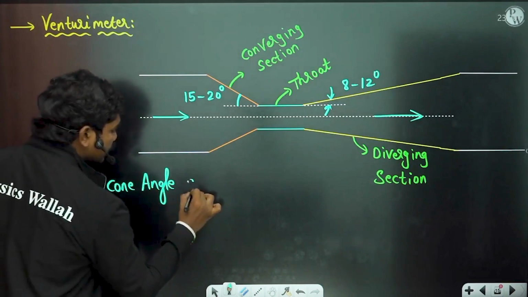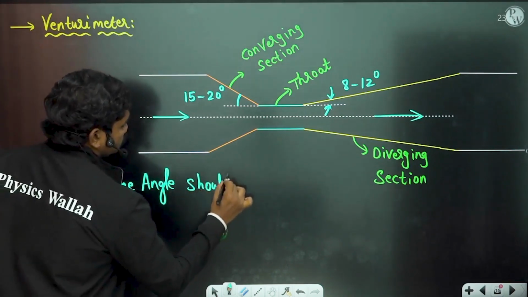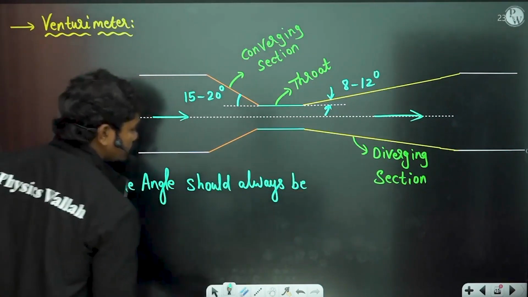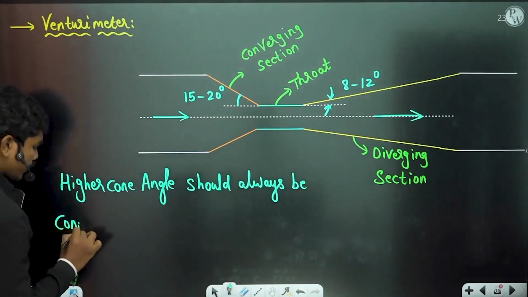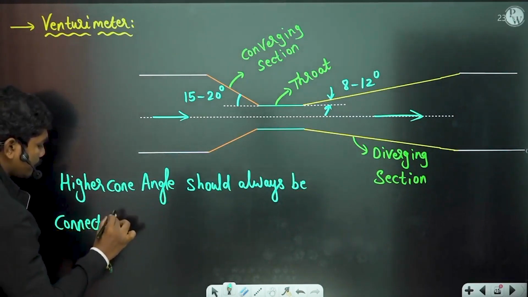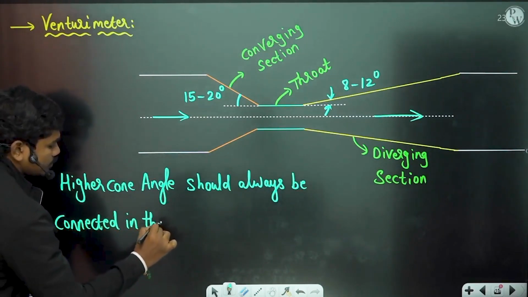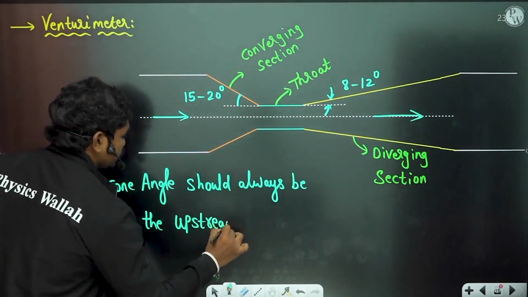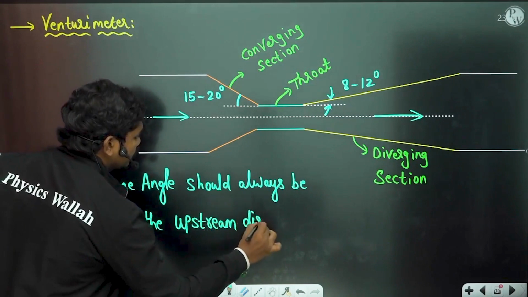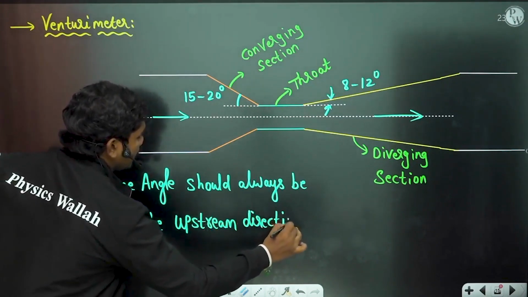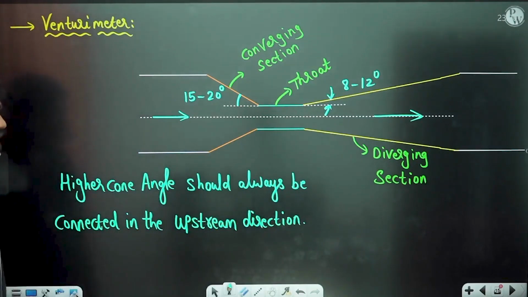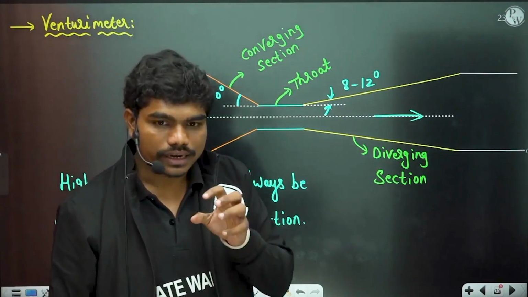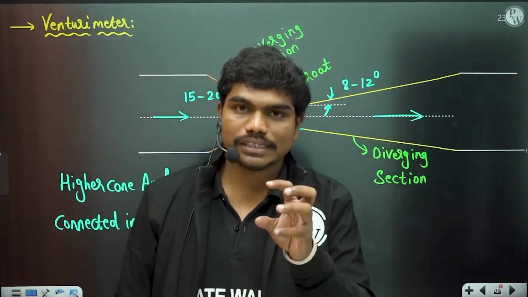Higher cone angle should always be connected in the upstream direction, so that the convective acceleration of the flow will be very high in this part.